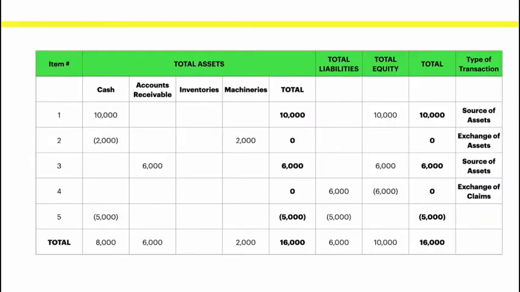Since the company paid cash on this transaction, our cash account will decrease by 5,000 pesos under the total assets. Since some obligations are paid, our total liabilities will also decrease by 5,000 pesos. In this transaction, the total assets and the total liabilities decreased by 5,000 pesos. What do you think is the type of transaction?